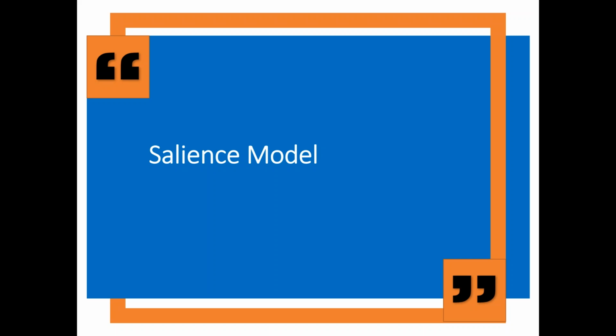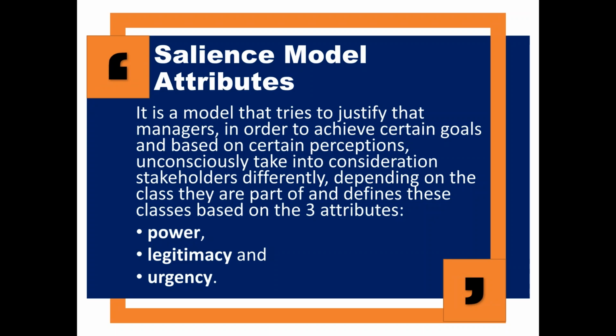So this is different from what I described to you before, when I said three or more. The examples I've got from various sources show the salience model always has three dimensions, three variables, and these three variables are also fixed. They are power, legitimacy, and urgency.